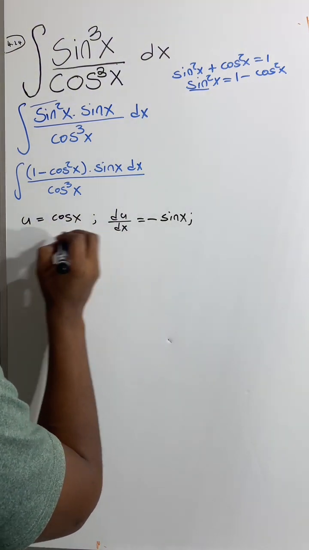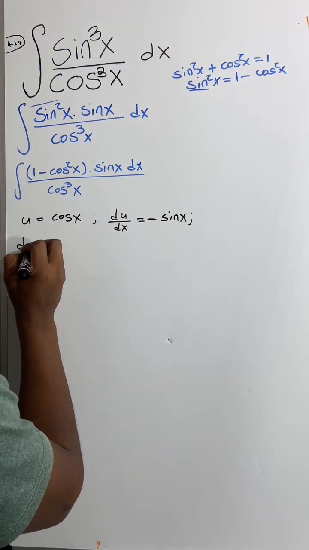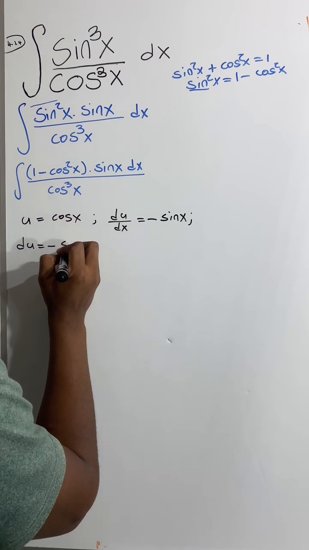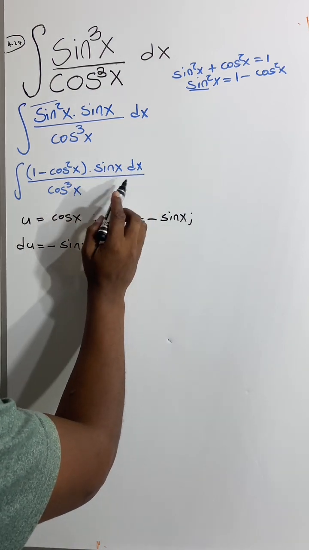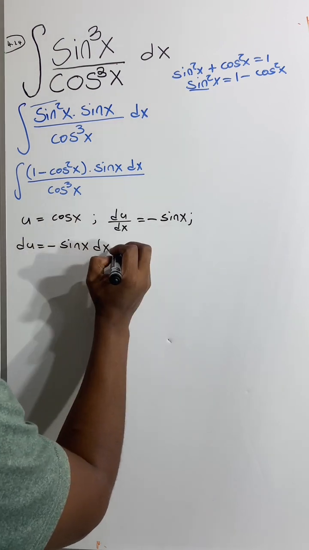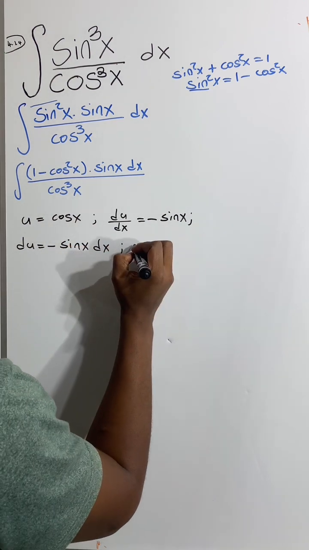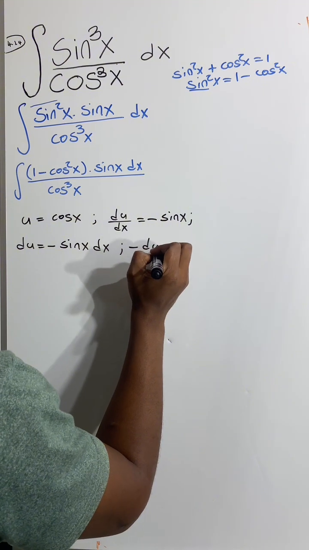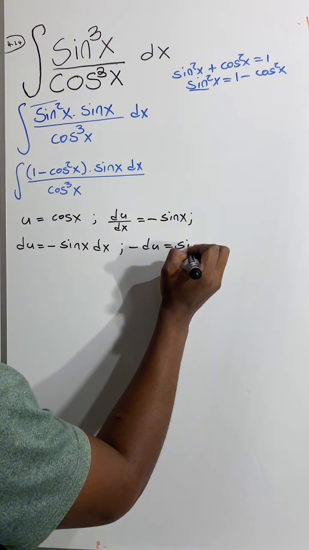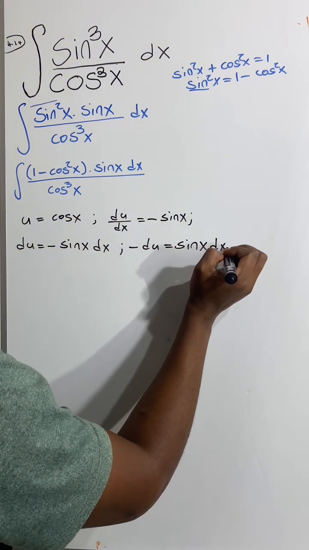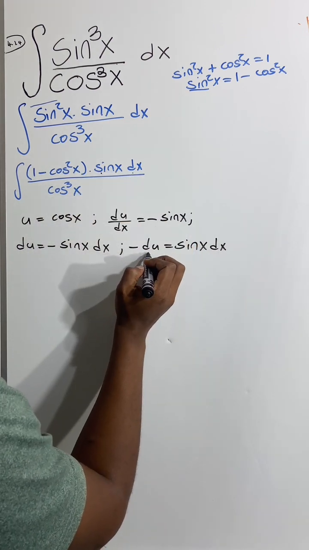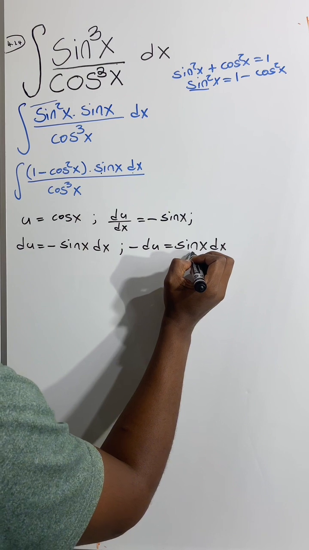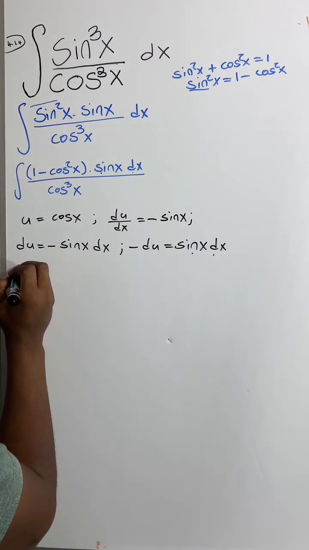We multiply both sides by dx, so du will be equal to negative sin x dx. We have sin x dx there without the negative sign, so let's multiply both sides by -1. Negative du will be equal to sin x dx. So instead of this sin x dx, we'll substitute negative du, because negative du is equal to sin x dx.